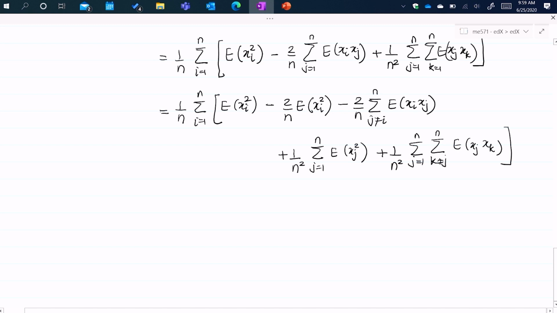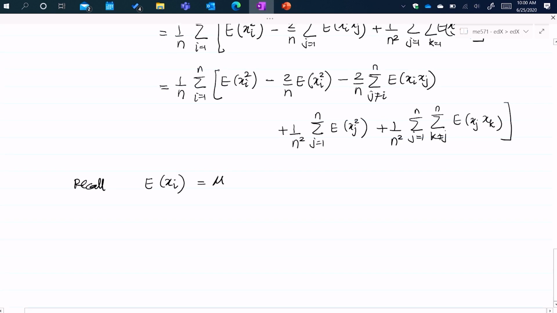Okay, so now we can use some observations that we've seen so far. We know that the expected value of xi is mu, so recall this, and we're going to say that all observations xi, xj, etc. are independent, and each of them has an expected mean value equal to the population mean.